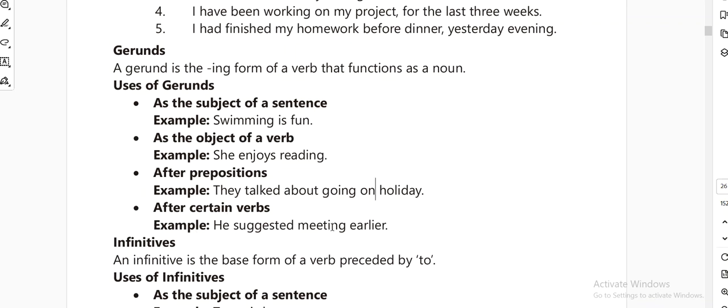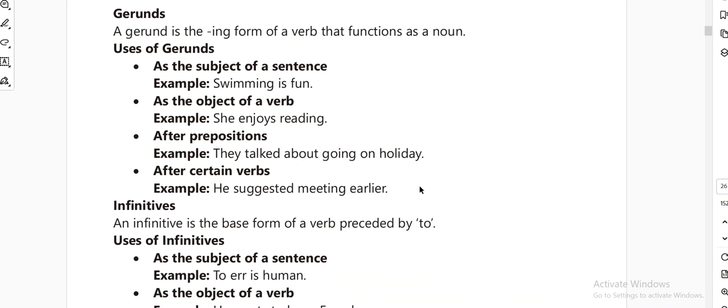He suggested meeting earlier. Suggested is the verb, and meeting is our gerund. Okay, understand? I hope all of you got the idea of what gerunds are: all the ing words which are used as nouns are called gerunds.